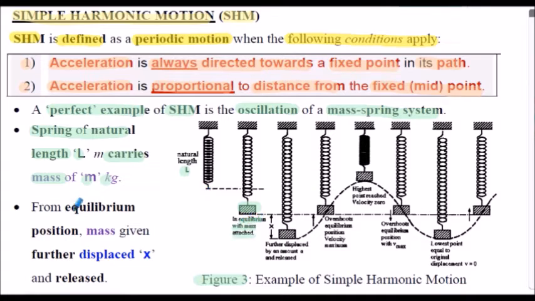From the equilibrium position, the mass is given a further displacement labelled as x, and then released. We can see then that the mass oscillates in the vertical sense as indicated by the dashed line shown in figure 3. This is an example of simple harmonic motion.